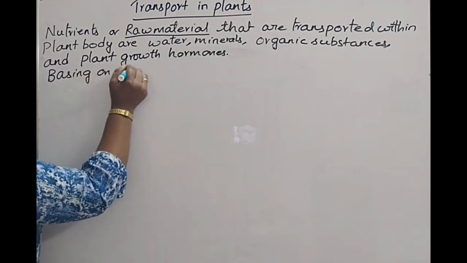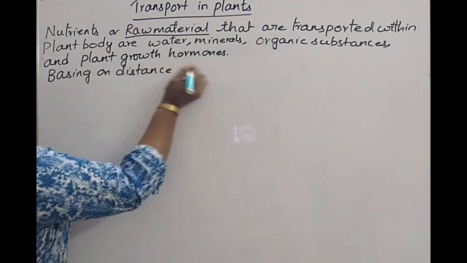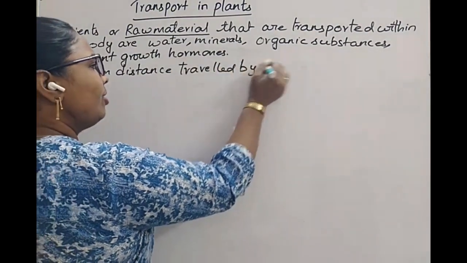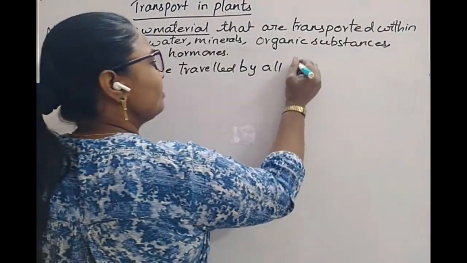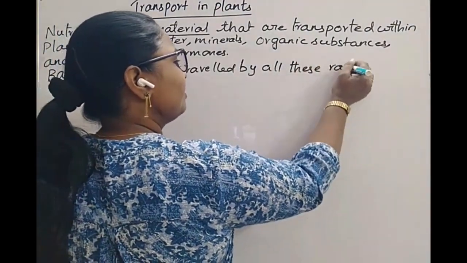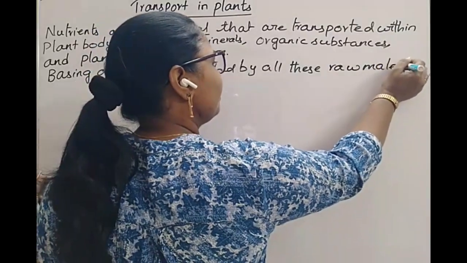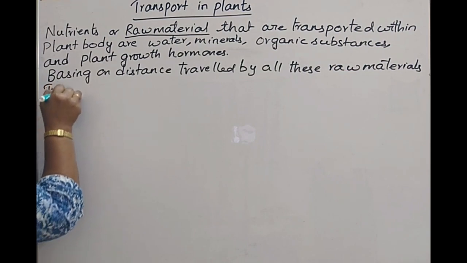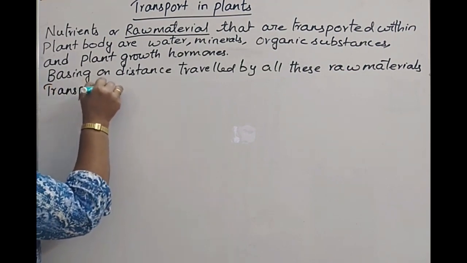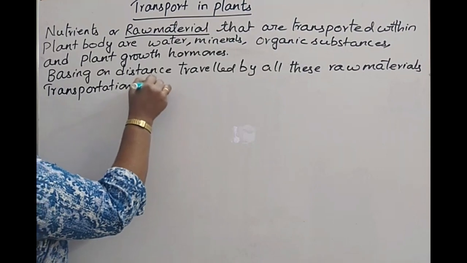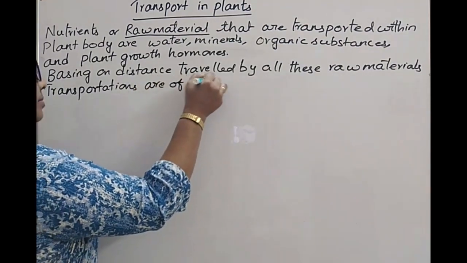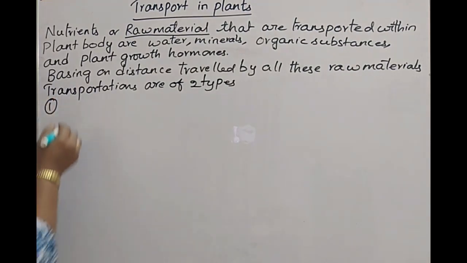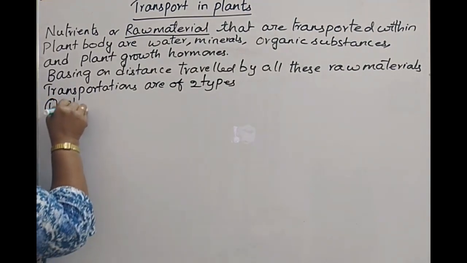Basing on distance traveled by all these raw materials, transportations are of two types. First one, short distance transport, and second one, long distance transport.